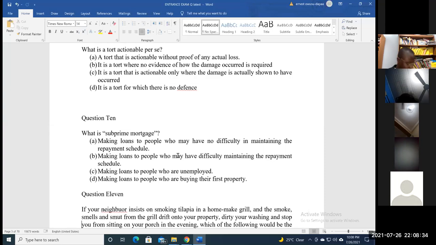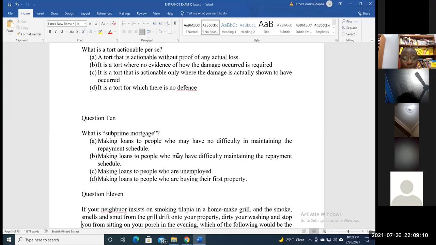Yeah, so as I said, this is a question that a student in Ghana can easily get wrong unless he's someone in the area of investment or real estate. But if we look at Investopedia, subprime generally refers to a below average credit score of the individual taking out the mortgage, indicating that it might be a credit risk.